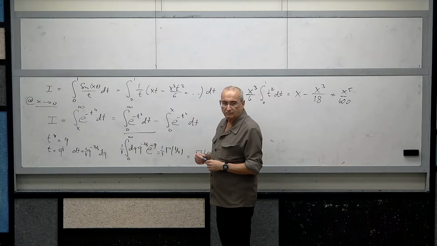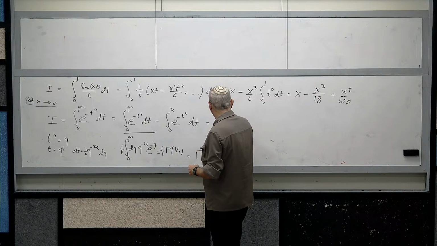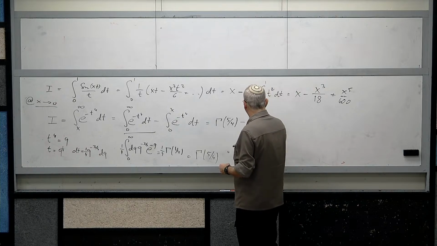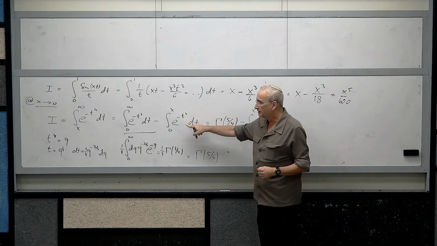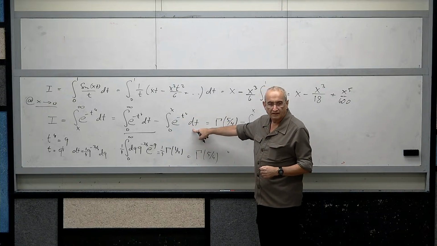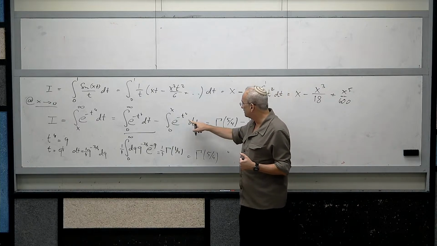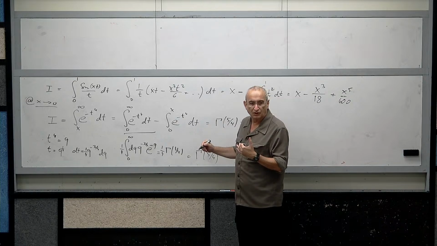What can I do? So I have gamma of 5/4 minus, and now I have the integral from 0 to x of e to the minus t to the 4 dt. Okay? However, x is very small, which implies that t is very small. And if t is small, I can expand the exponent.